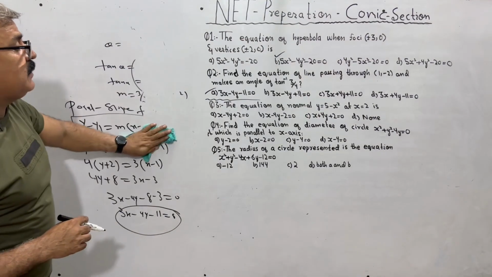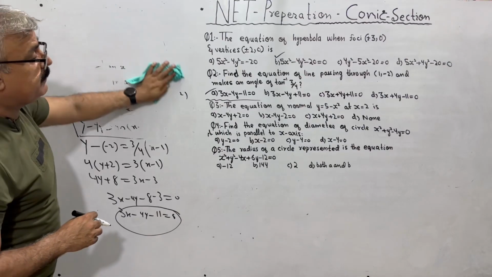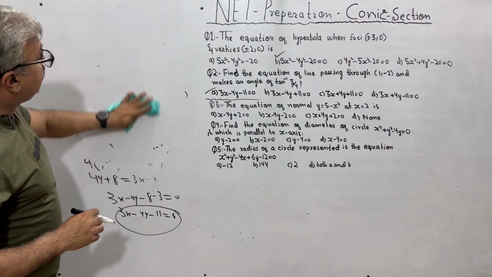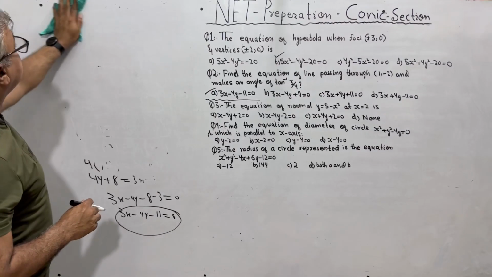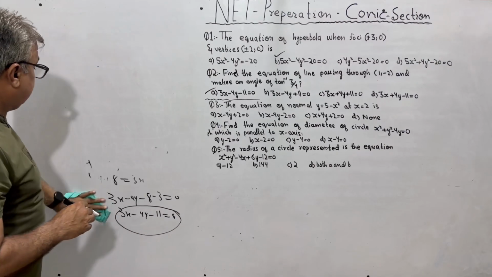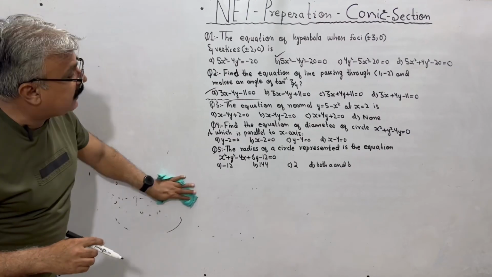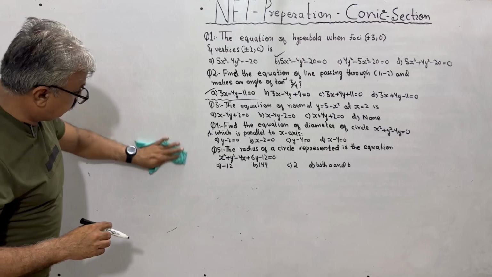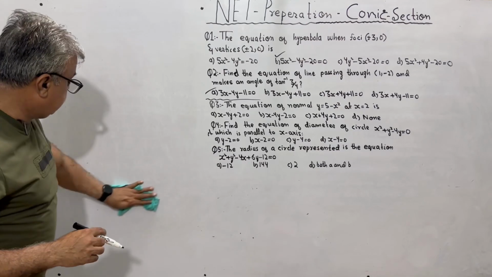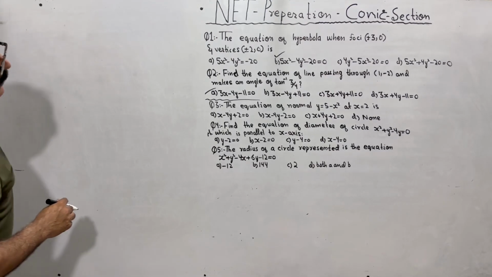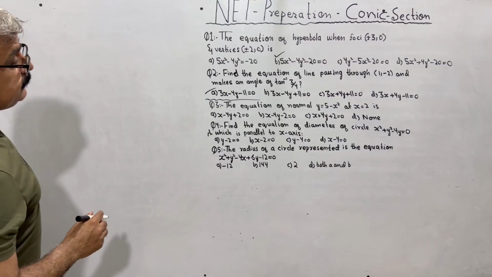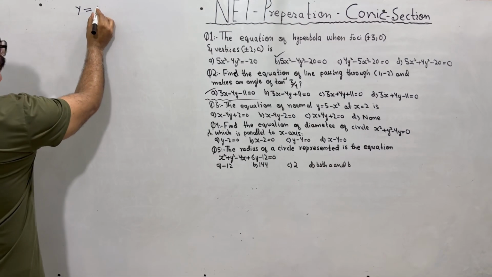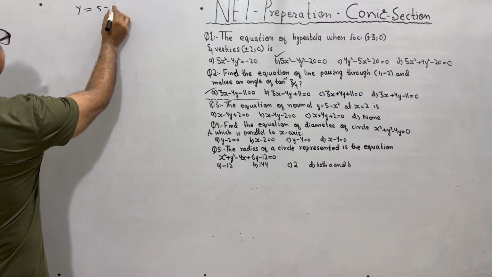Find the equation of the normal to y is equal to 5 minus x square. By the way, it is the equation of a parabola, with a square in either x or y. It represents mostly a parabola. y is equal to 5 minus x square.